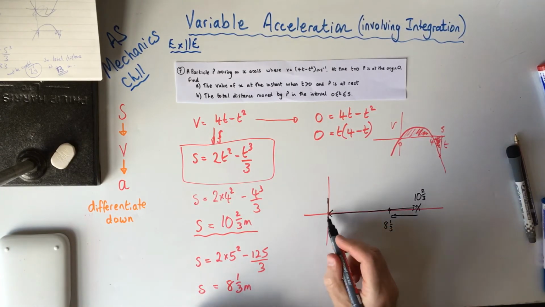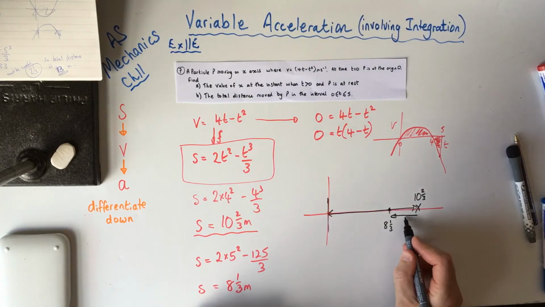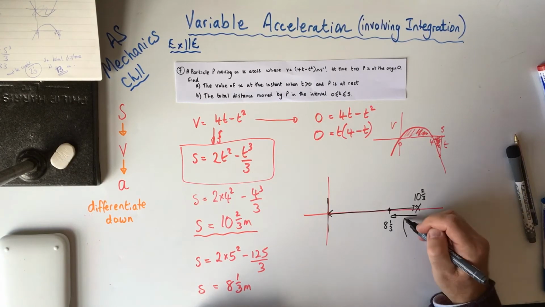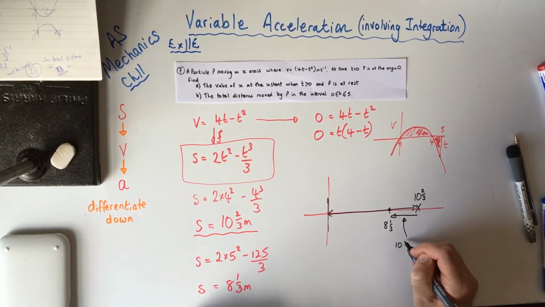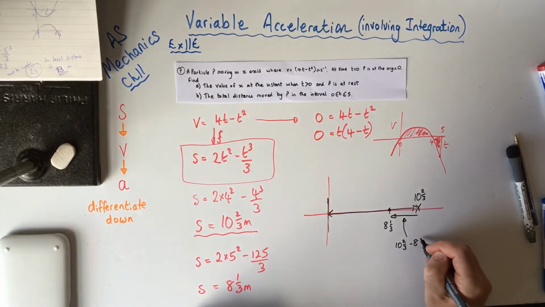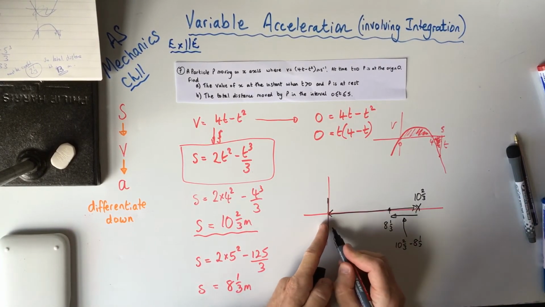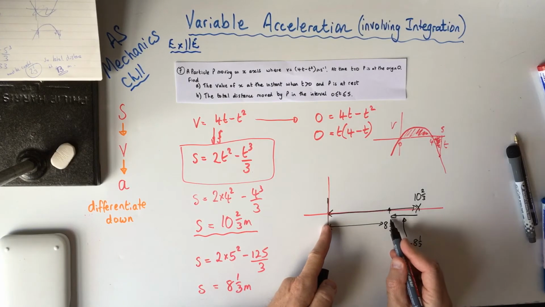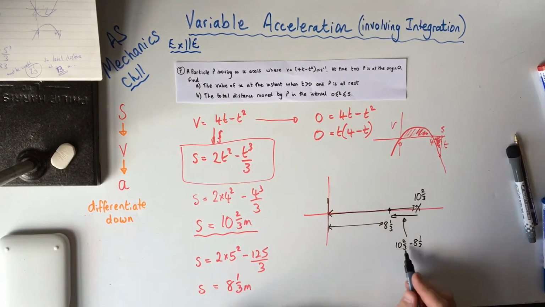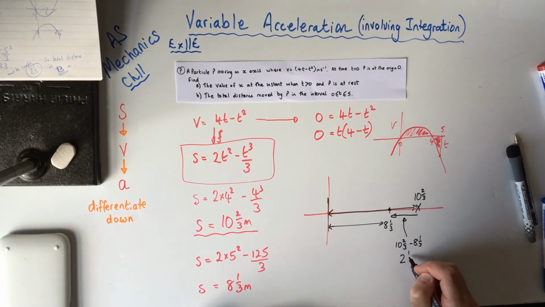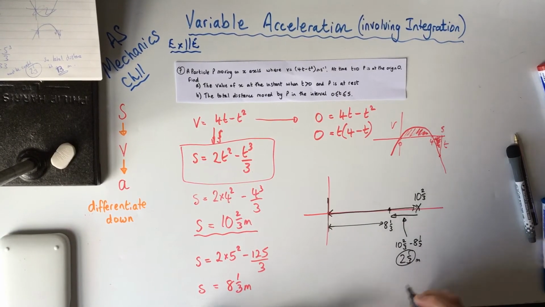So we need to do that plus that bit there. And that bit there, of course, is 10 2/3 minus the 8 1/3, because 8 1/3 is the distance from the origin, the displacement. Okay, and that take away that is 2 1/3 meters.